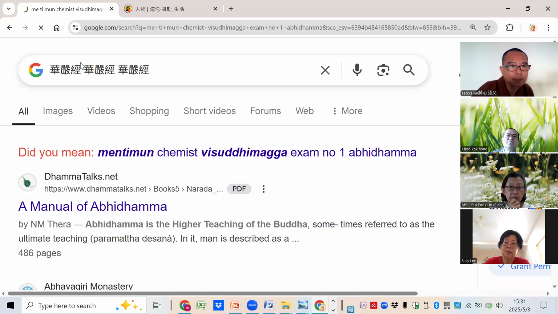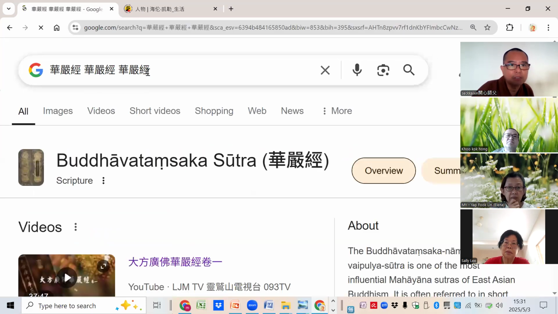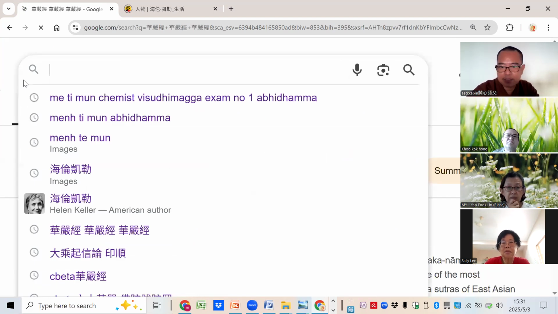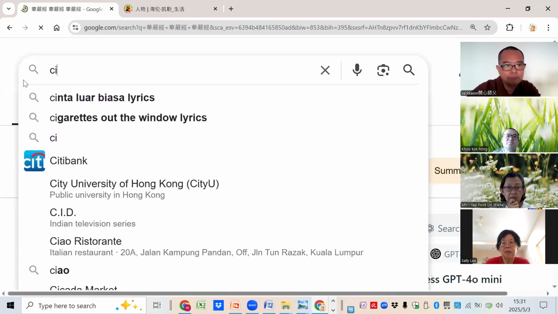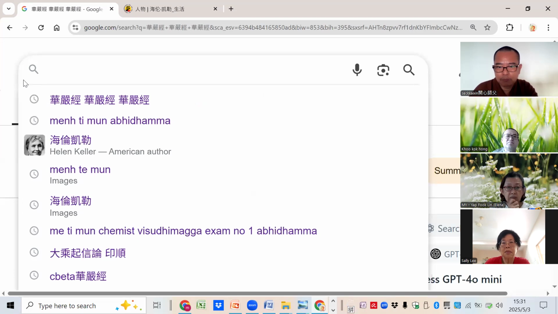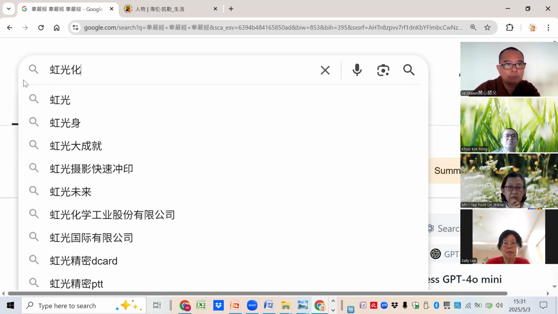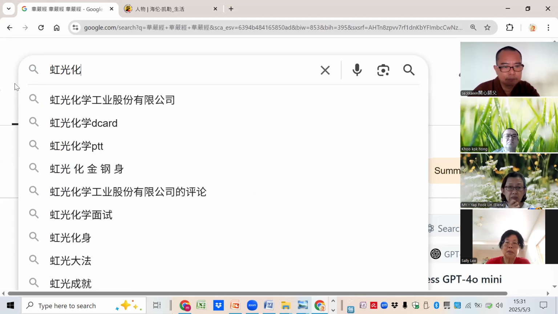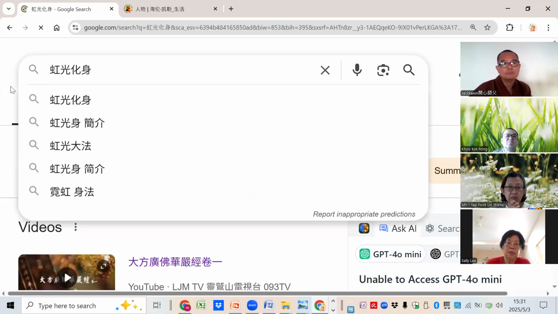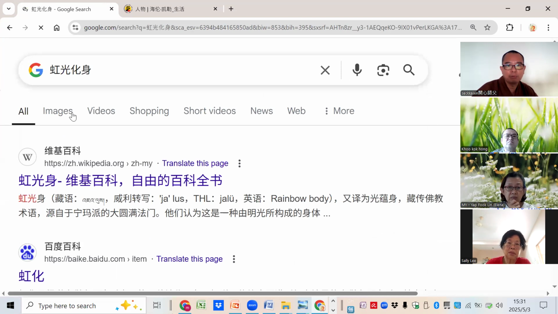Okay, and this one is a rainbow body. The level is also quite high according to Tibetan Buddhism. This we call a rainbow body.